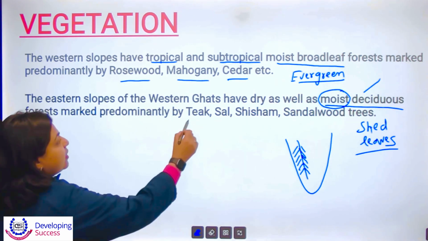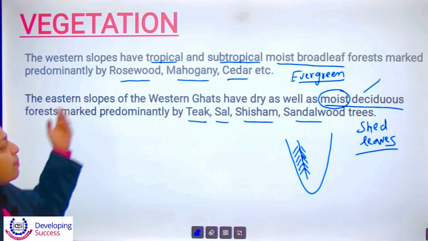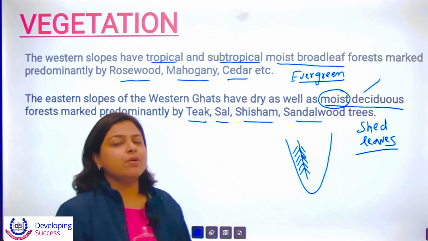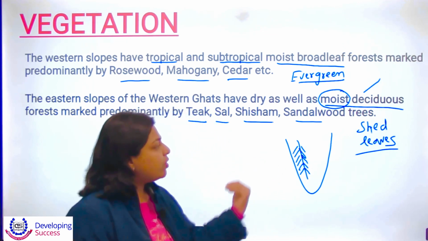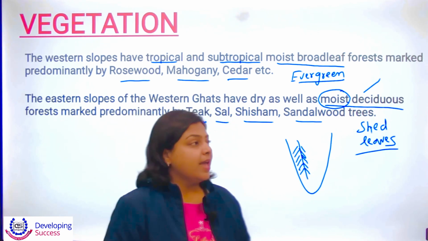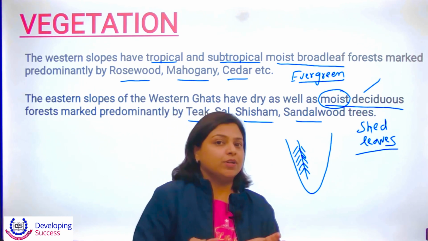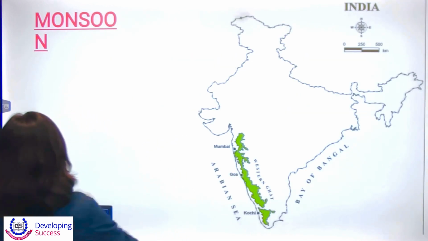Examples are teak, sal, shisham, sandalwood, etc. So on the western part we have evergreen, and on the eastern slopes we have moist deciduous. What is the reason that there is more rainfall on the western slopes with evergreen forest, and less rainfall on the eastern slopes with deciduous forest? There must be some reason, and we will be discussing that reason.